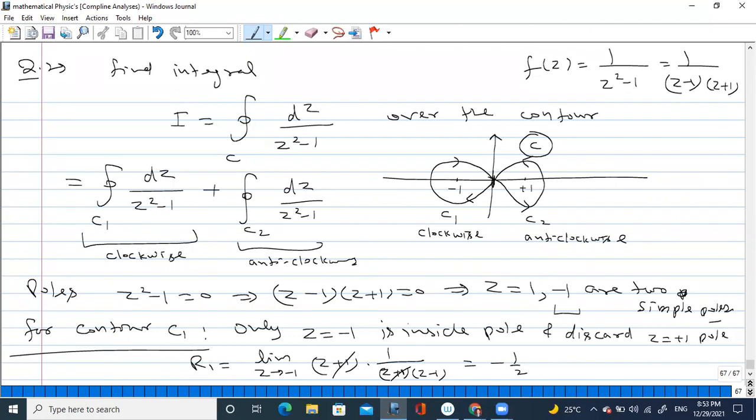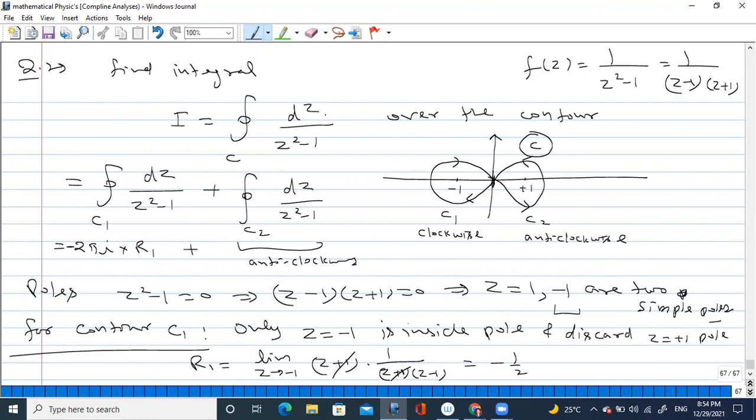Okay, so I want to open the formula also here, because this is clockwise. So what will be the answer of this? The answer of this will be minus 2 pi i, because that was clockwise. So minus 2 pi i into R1, what is the residue here?